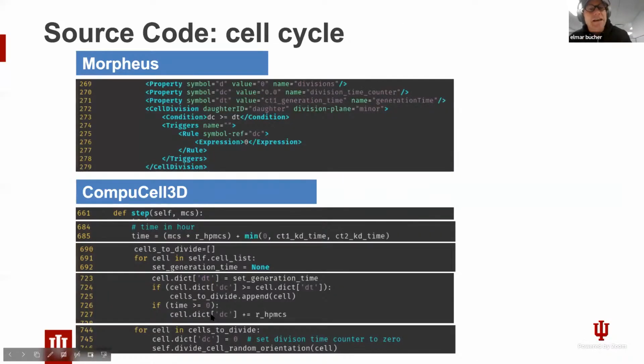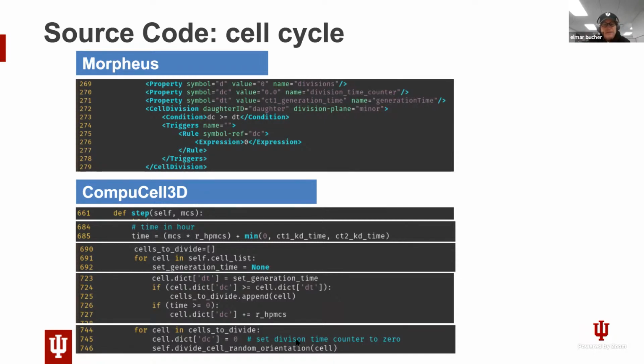Then the cell cycle, we had defined here in Morpheus. This is similar to the fish group. So we have a known time for each cell that is the generation time the cell has.